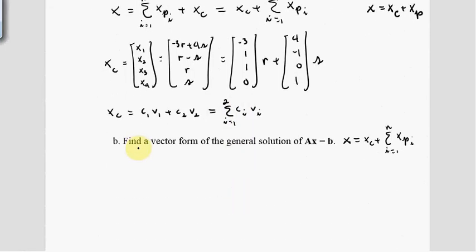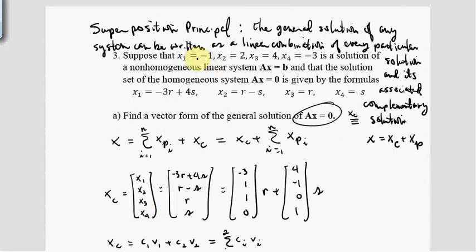Now then it says find a vector form for the general solution of Ax equal to b. Well, first we find the solution form for x sub p, the particular solution for this problem, which is given here.